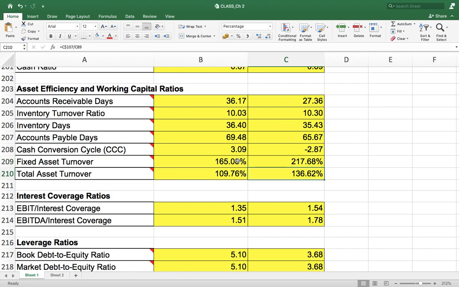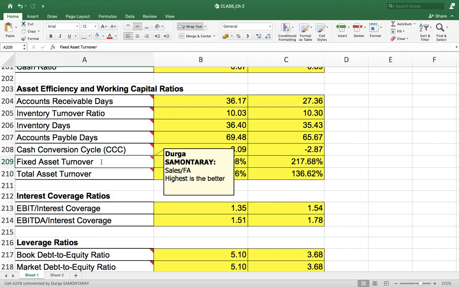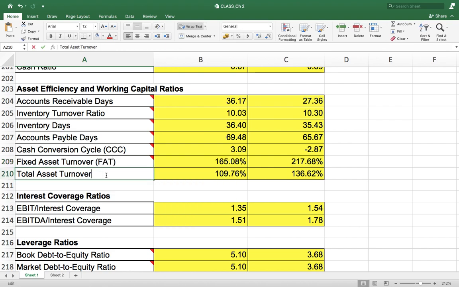Next is the total asset turnover. Again, how much percentage of sales you are generating from the total asset. 109 or 110% of the total asset you are generating as sales, which was last year 136.62% or 137%. That means both FAT and TAT, normally we call these two ratios very popularly, as for me, I have given them the names FAT and TAT.